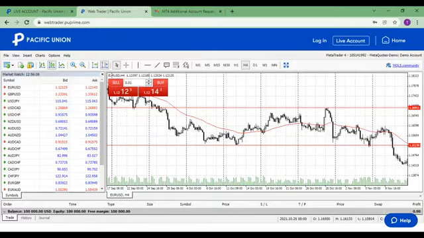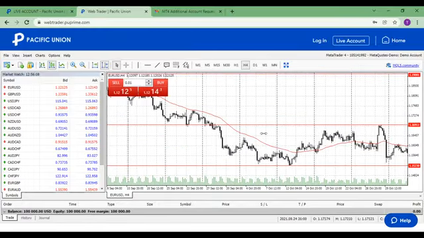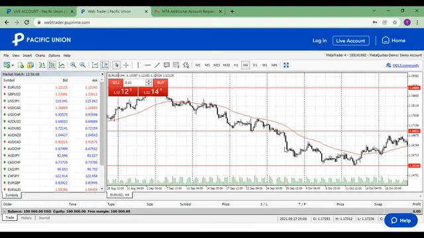And you notice that price has not been able to break above this 50 period moving average, which some refer to as a golden moving average. So price has failed to break above this moving average. So you could see that it tends to give a barrier even for the market.